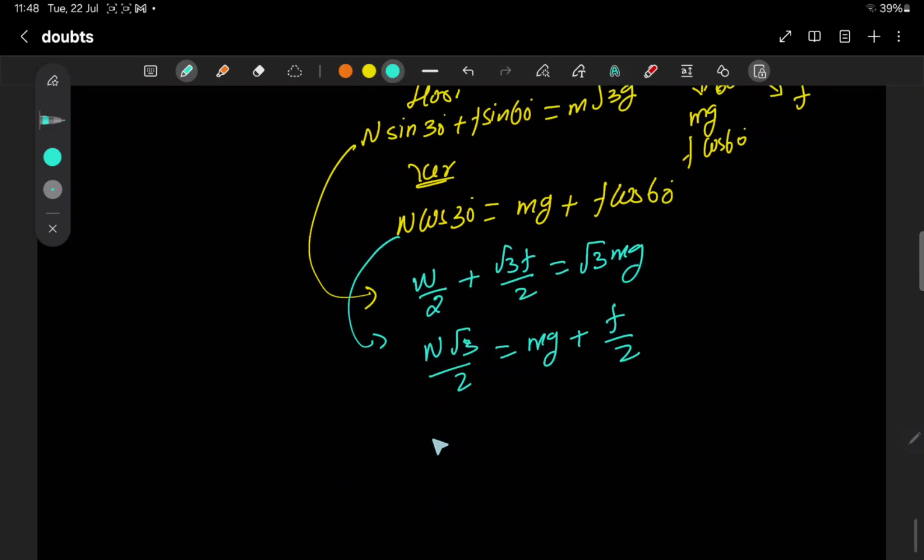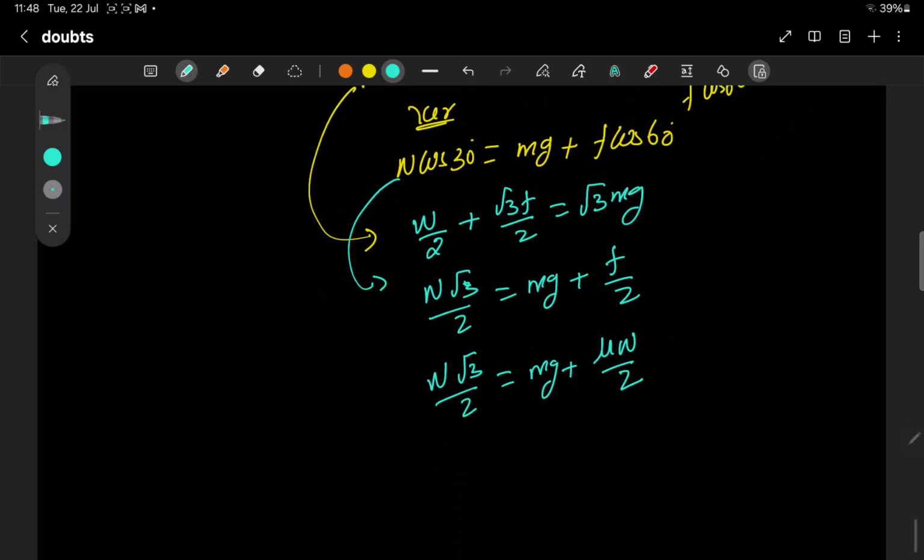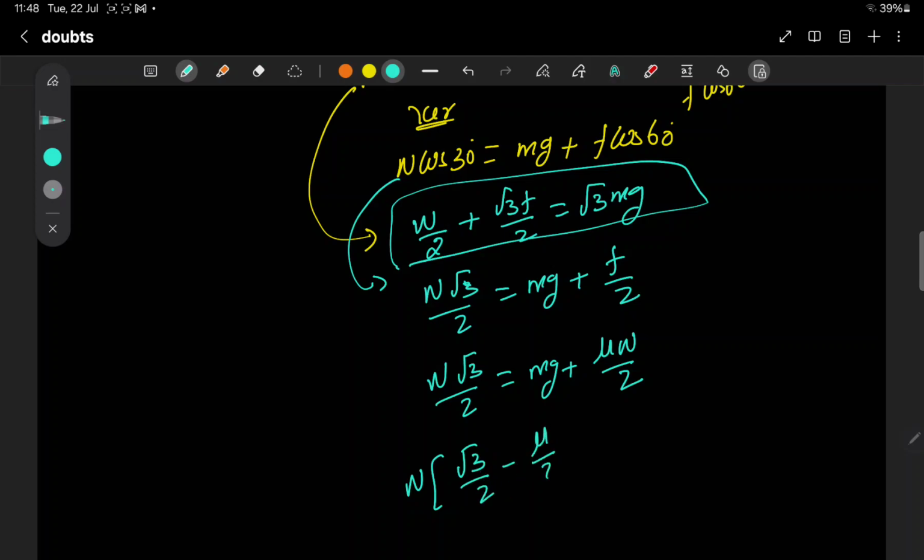So N root 3 by 2 is equal to mg plus mu into N by 2. This is one equation. Now the second equation I am solving: if you bring this side and take N common, we get root 3 by 2 minus mu by 2 times N is equal to mg. So this is the second equation.